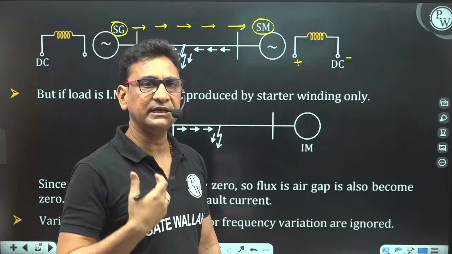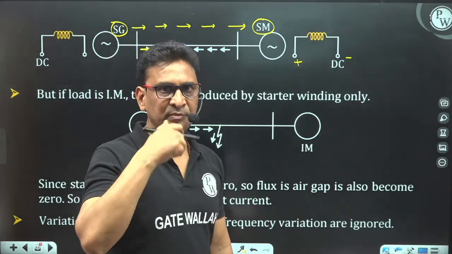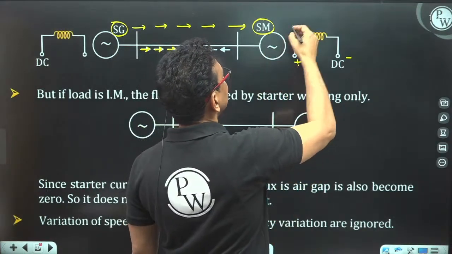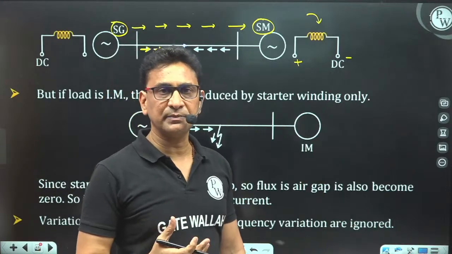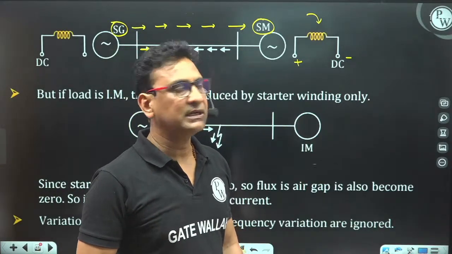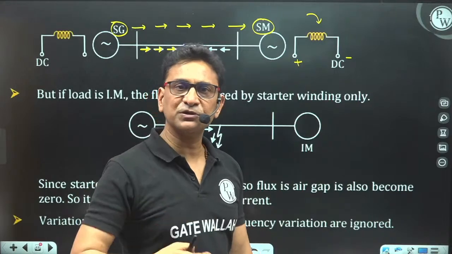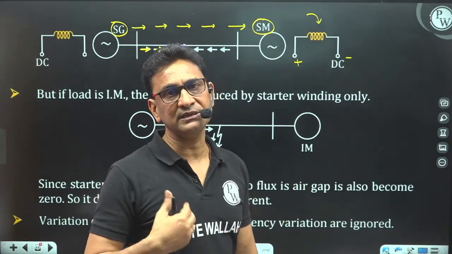That means the magnetic field is still present between the stator and rotor. And due to inertia, its rotor is rotating. We are not rotating the rotor by using the prime mover, but before the occurrence of the fault, it was a synchronous motor. So the rotor was rotating, and due to inertia, it will keep rotating for some time.